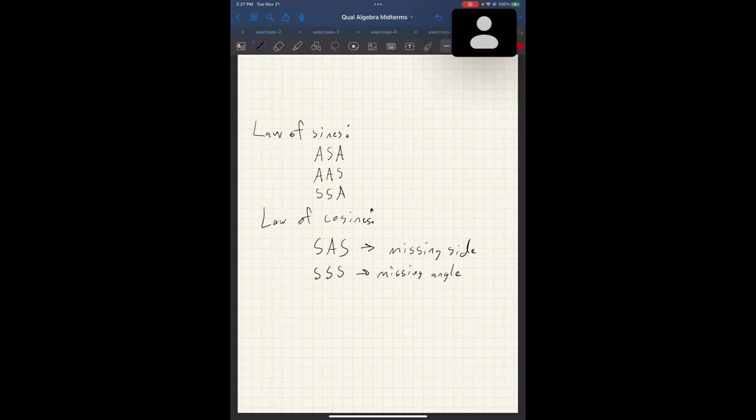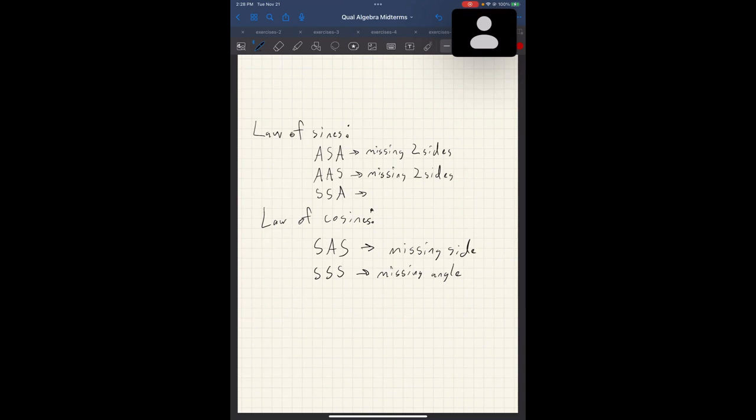But for the law of cosines, we use that one for side, angle, side, or side, side, side. If I have angle, side, angle, then I can find the missing angle on my own and then find the missing two sides. And the exact same thing happens with angle, angle, side. Find the missing angle, use those to find the missing two sides.